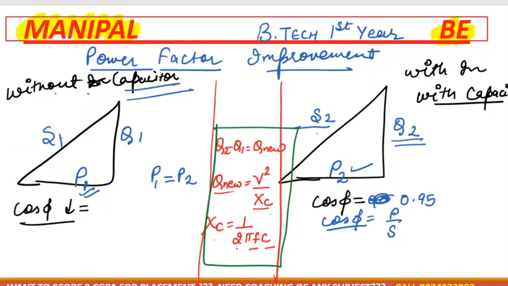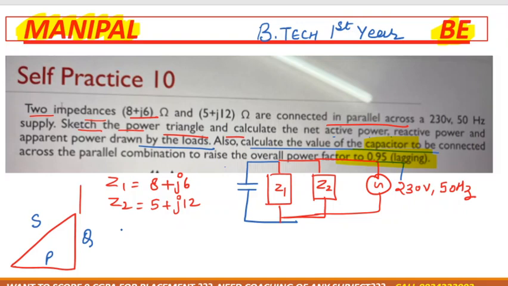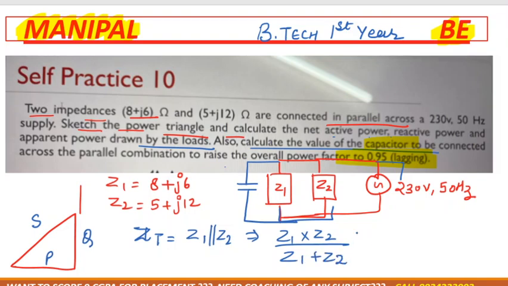Now the question is, how will you get P and Q from the previous case? As you know, Z is there, so you can combine it into the total impedance, that is Z1 parallel Z2. Z1 parallel Z2 means Z1 into Z2 divided by Z1 plus Z2. Correct? So you'll get ZT, and as you know, V is equal to I multiplied by Z. Voltage they have given, Z you need to calculate, so you will get the current, right?